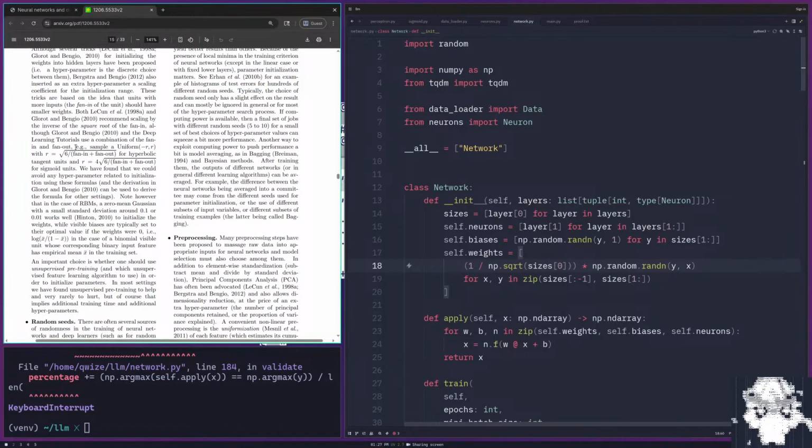Use a combination of the fan in and fan out, e.g. sample a uniform negative R to R with R equals square root of 6 over fan in plus fan out for hyperbolic tangent units, and R equals 4 times square root of 6 over fan in plus fan out for sigmoid units.